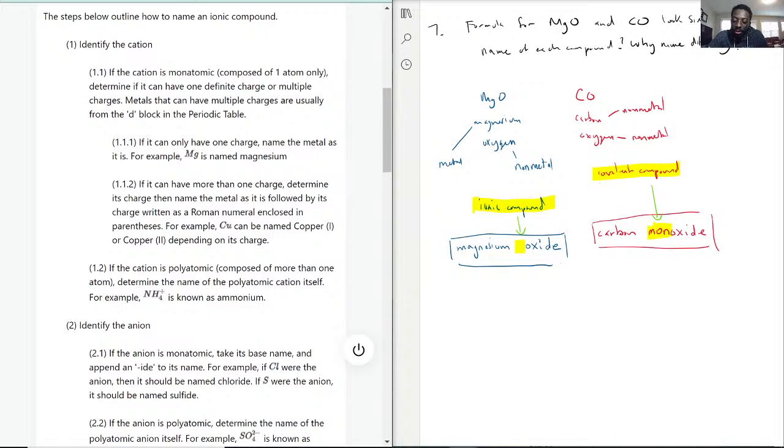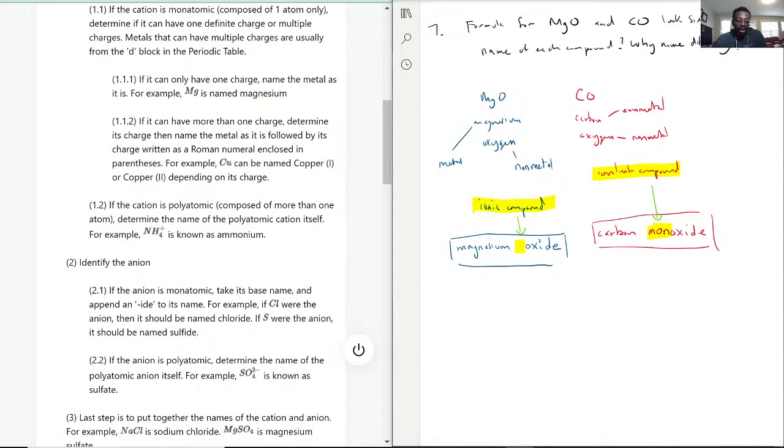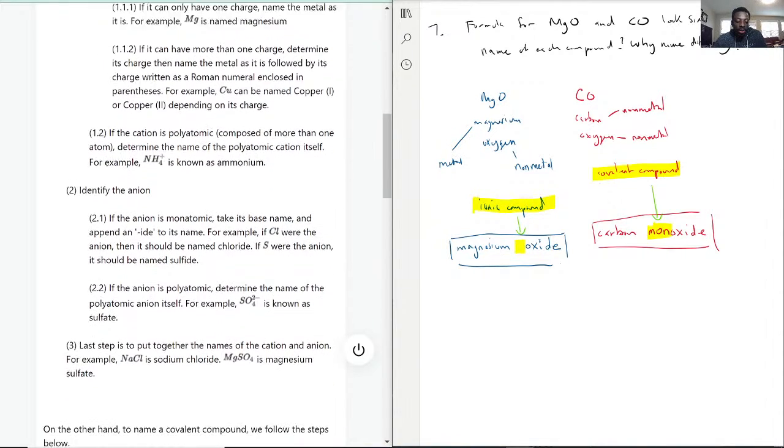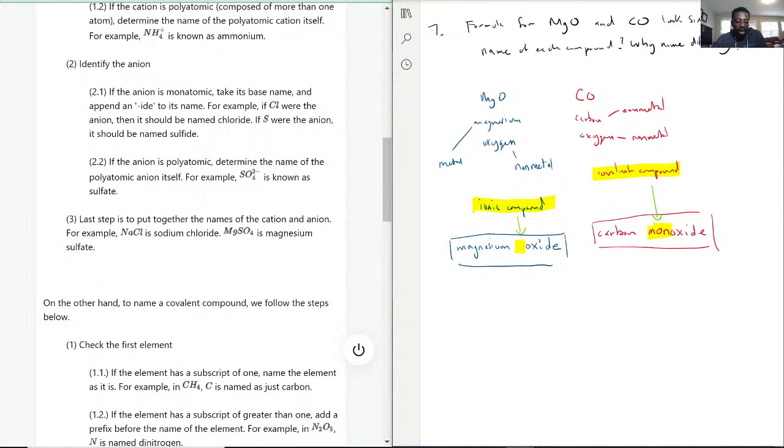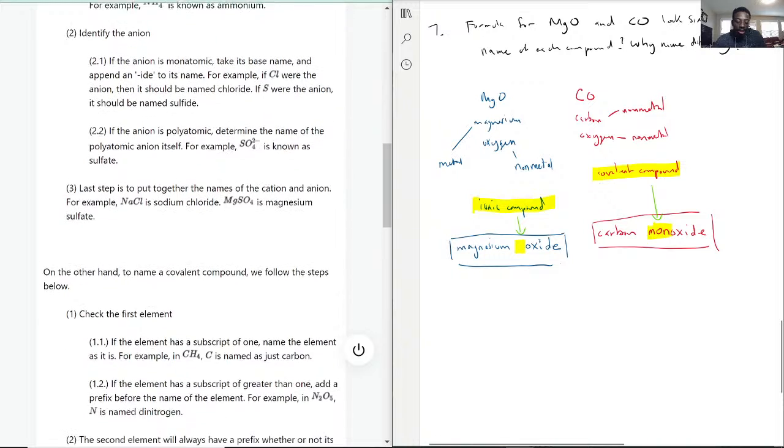For example, if we had Mg magnesium carbonate, this whole part would be the non-metal part, instead of just the carbon and then the oxygen. That whole part is a non-metal. And then they identify the anion, and then you put the names together, and then you just drop the end and add the right suffix like we did for oxide.